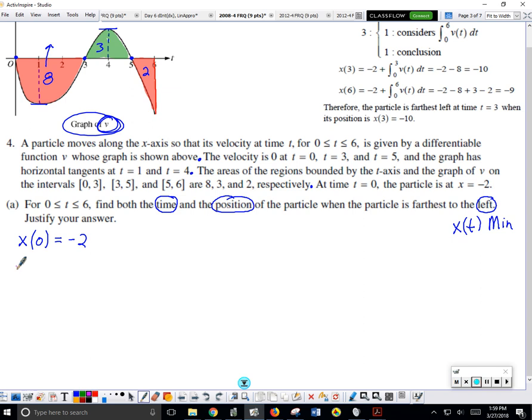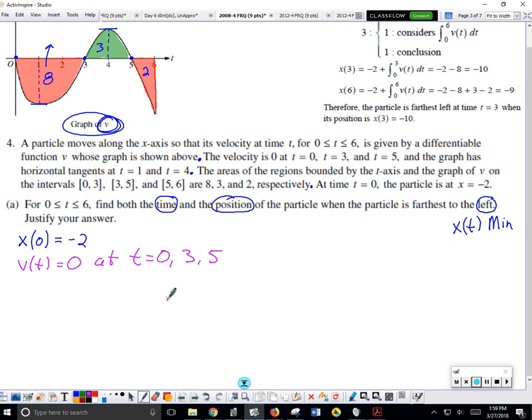So I write in my paper, v of t is equal to 0 at, and they told me in the problem, t equals 0, 3, and 5. So now I know the particle will be farthest left for sure, either at time 0, 3, 5, or 6, the end time. Questions? Meg, please.